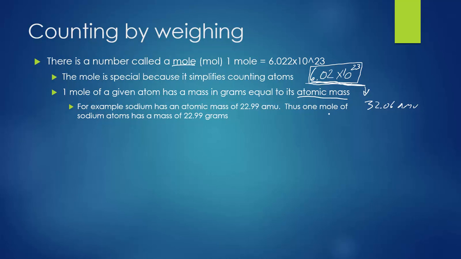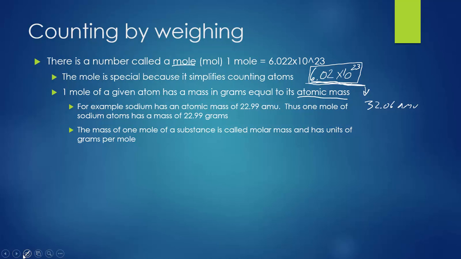Thus, 1 mole of sodium has a mass of 22.99 grams. So if we had 6.02 times 10 to the 23 atoms of sodium, it would have a mass of 22.99 grams. So how come equal numbers of atoms of sulfur and sodium have different masses? Well, sulfur atoms are bigger. There are more protons and neutrons in the nucleus, so the atoms have more mass, so 1 mole of them has more mass.